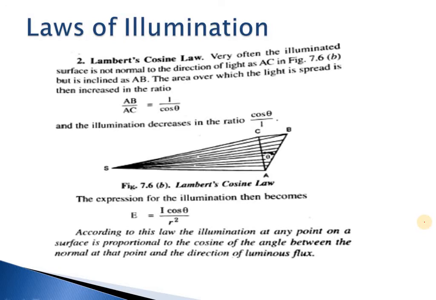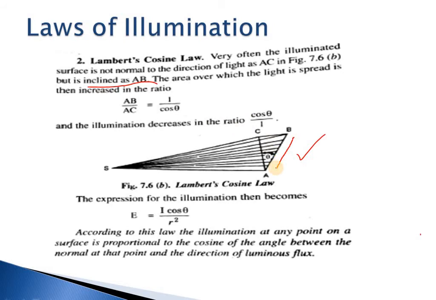Now we will come to the second law of illumination, that is Lambert's cosine law. In this law, very often the illuminated surface is not normal to the direction of light as AC in figure 7.6b, but is inclined at AB.